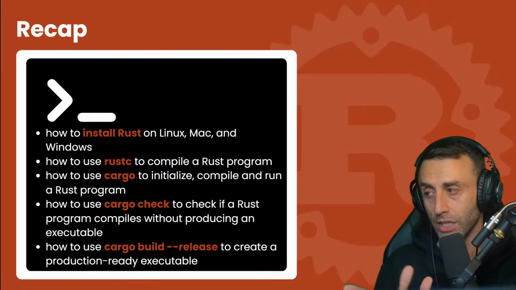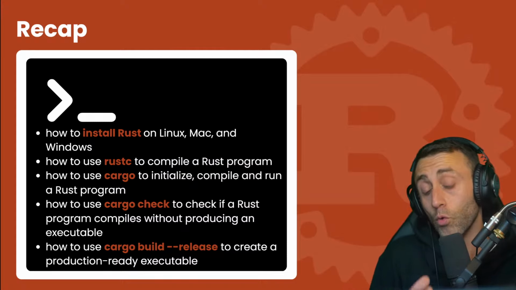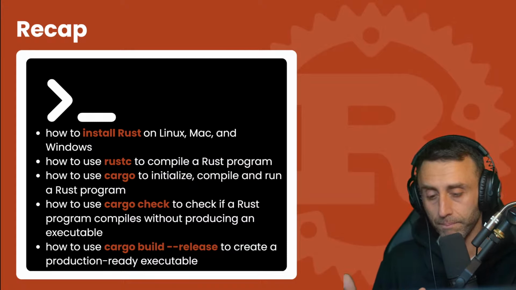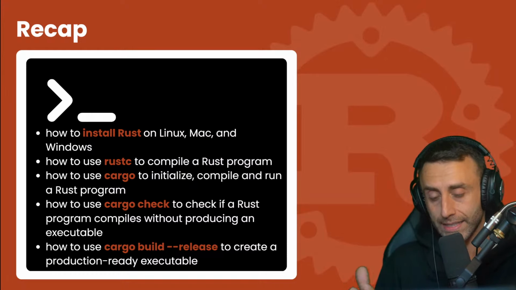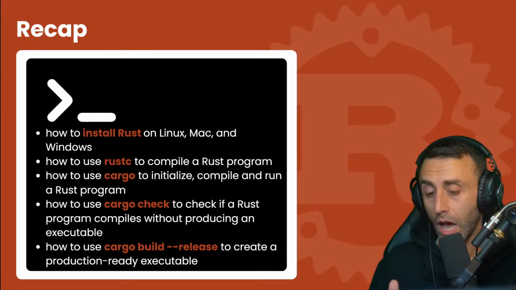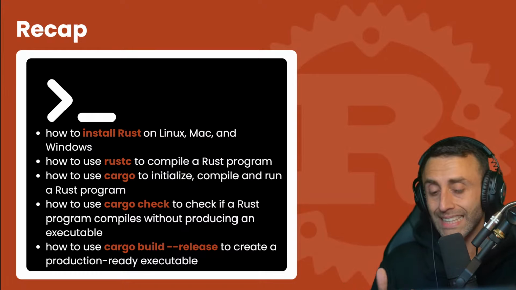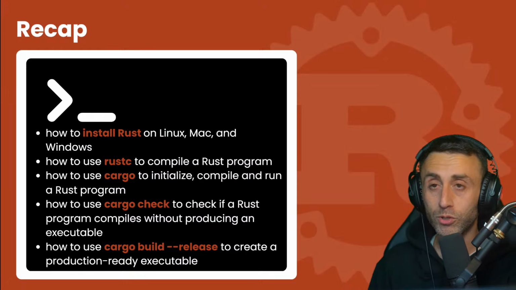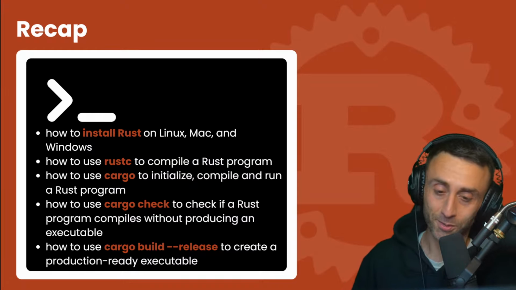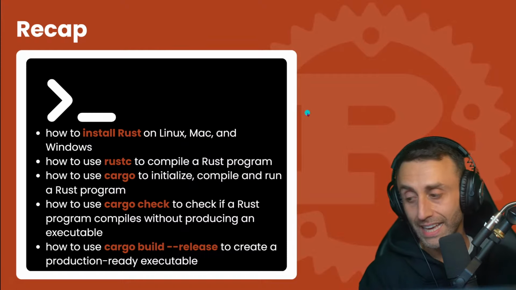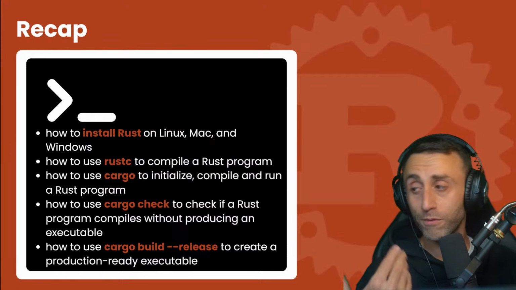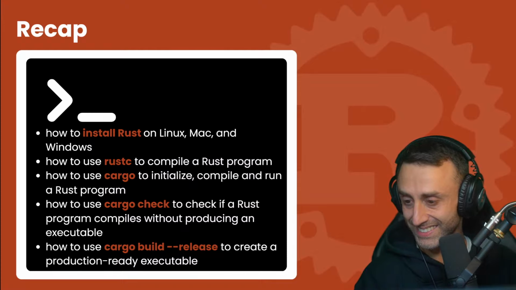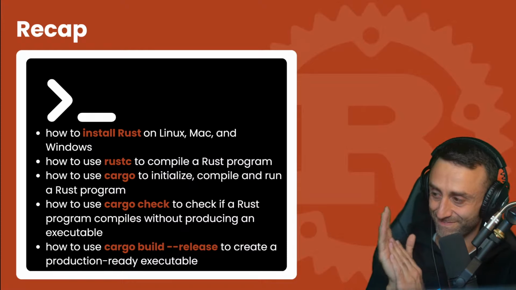So it's basically just a check if it could create an executable. And last, how to use cargo build --release to create a production-ready executable. I hope this was clear, and this is the conclusion of our first Rust lesson. We made it.